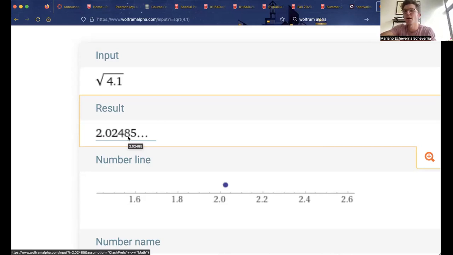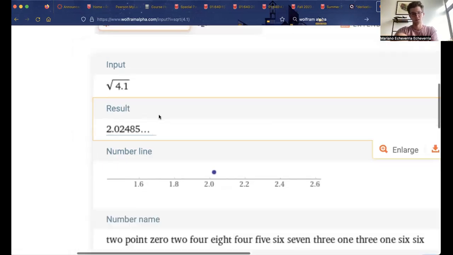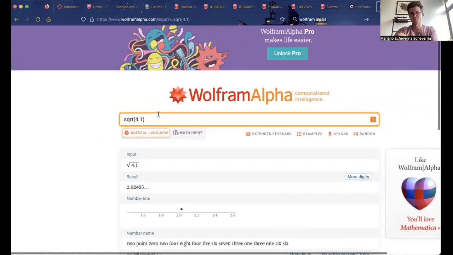Sometimes there are values that you care about, like the square root of 4.1, where you cannot expect an exact answer, but with this idea you can get something pretty close. So that's one way to think about derivatives. The derivative is giving you a way to approximate values. Is that making sense?